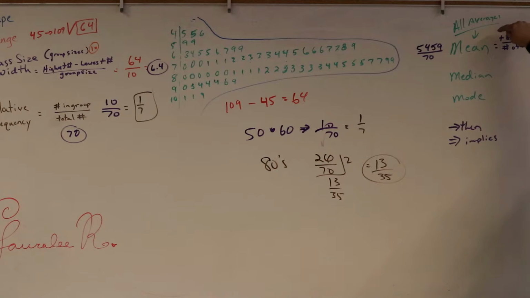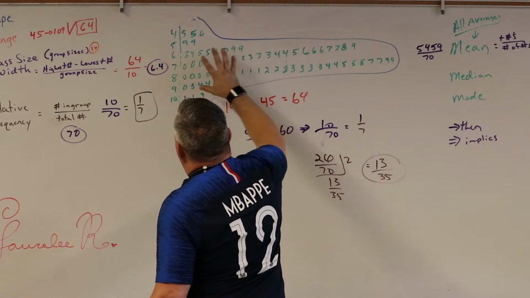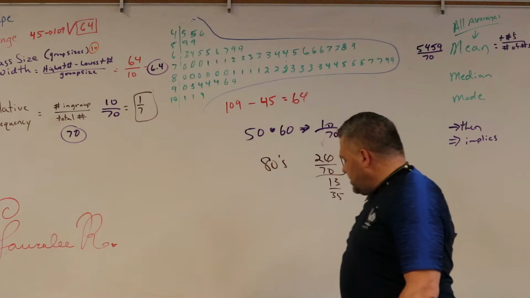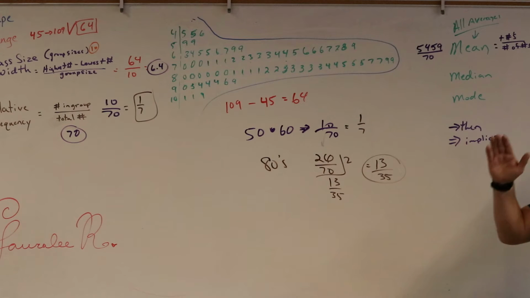That's the one where you have to add all the numbers and then divide by the number of the numbers. So what that means is I have to add all these up. Believe me, that was harder than it looks. And we came up with 5,459.